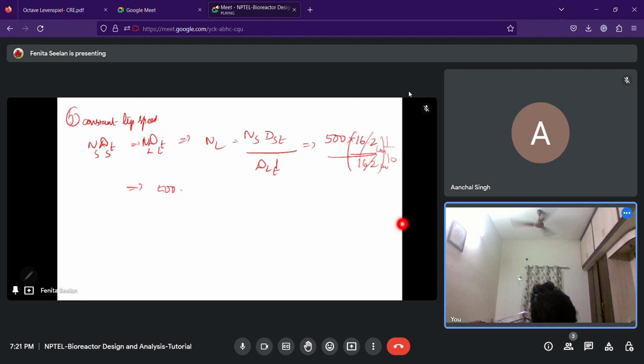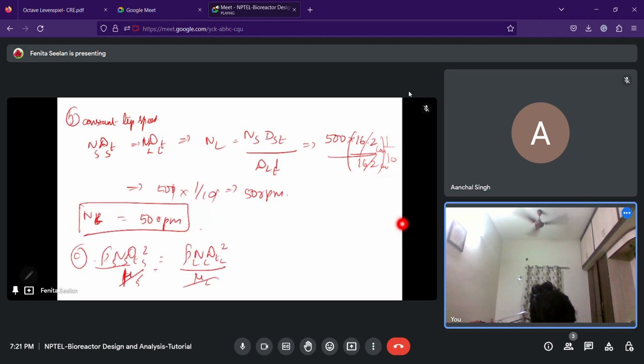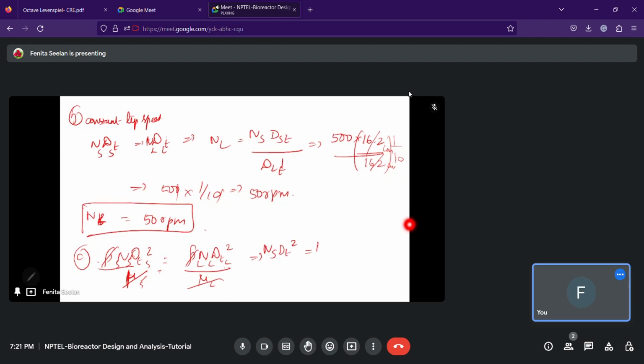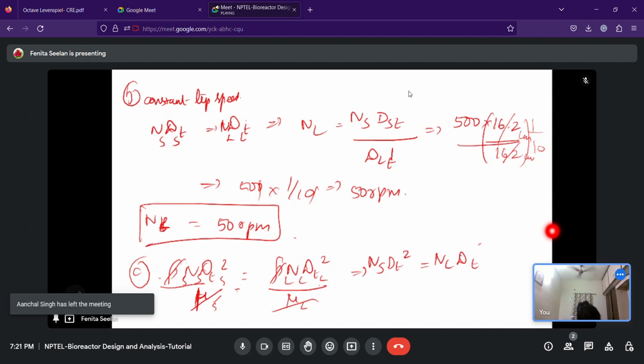This is for the small reactor, but some terms will be constant, so we can cancel. Then it will be equal to Ns dts square is equal to NL dtL square. This is your small, and this is your large.